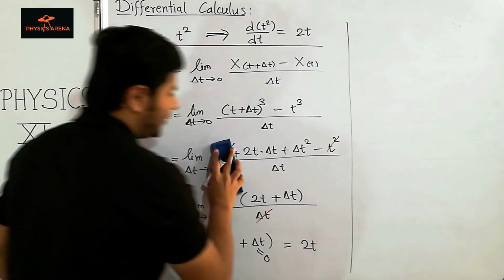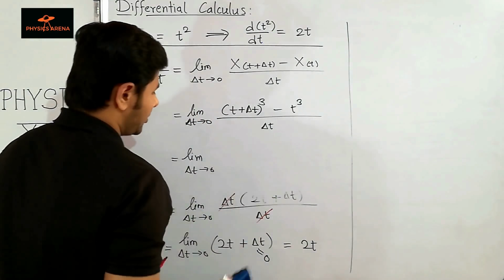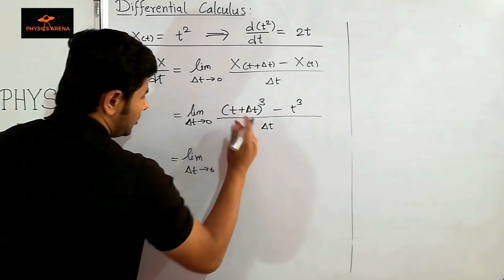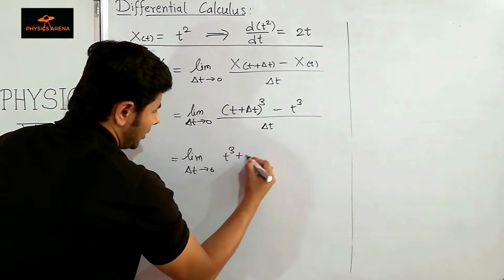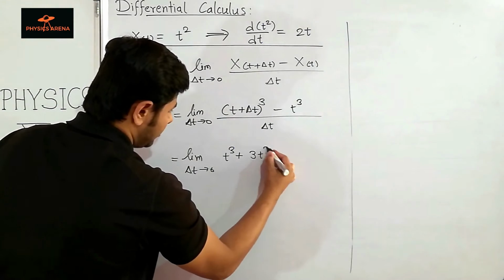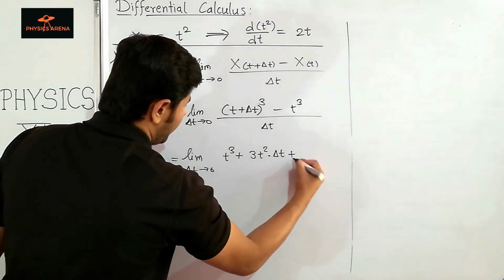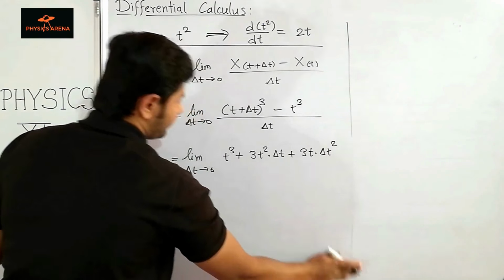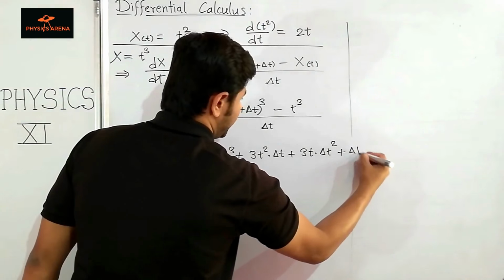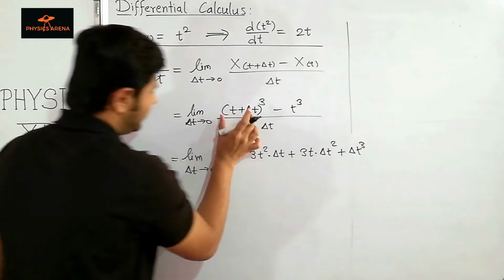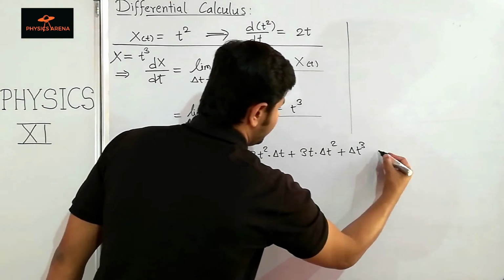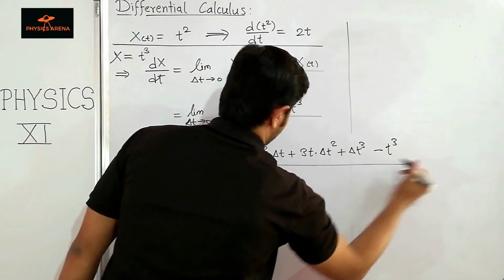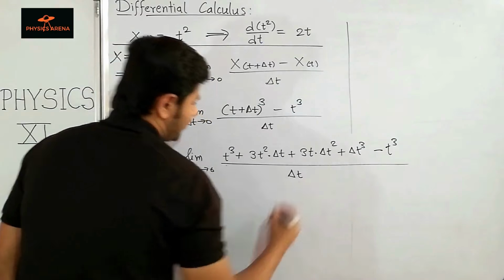Now let's write the expression for cube. So it is t cube plus 3t square times delta t plus 3t into delta t square plus delta t cube. This is the expansion of t plus delta t cube, minus this t cube, divided by delta t.